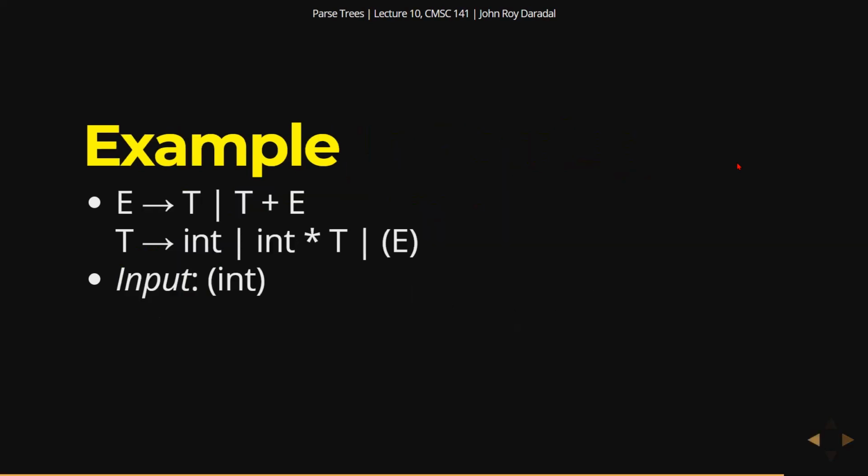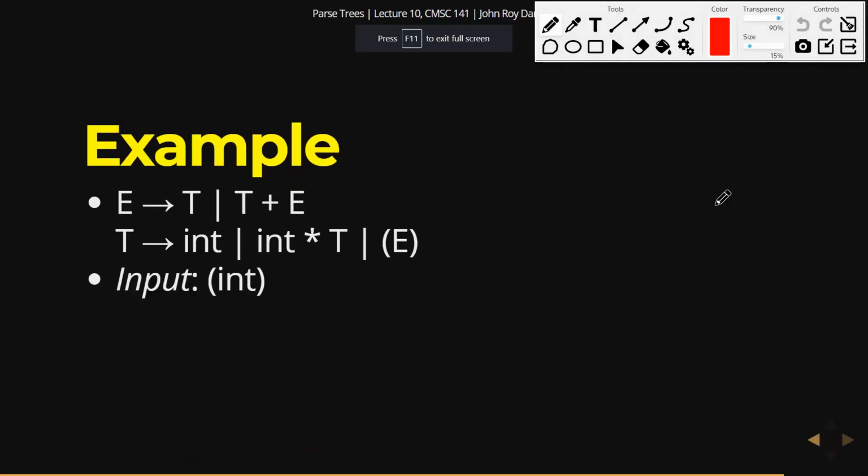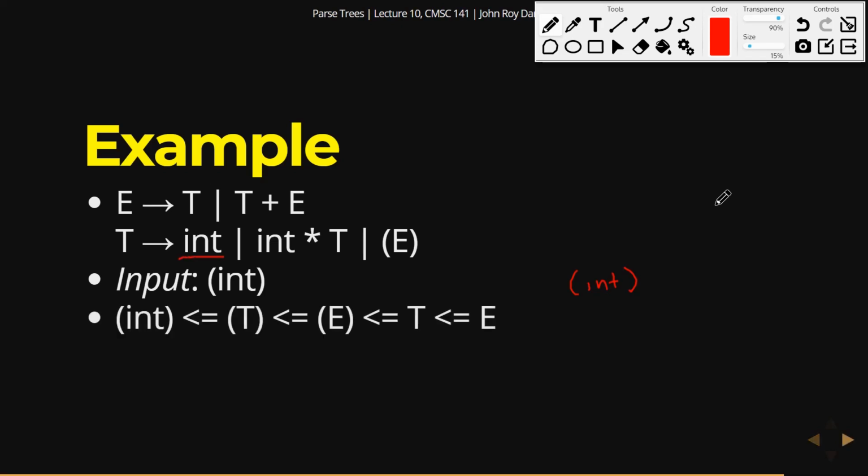Okay, so let's see an example. Let's say we want to derive the same string, the int, and then using the same grammar. So we start with int here. Okay, so from int, so int is here, right?